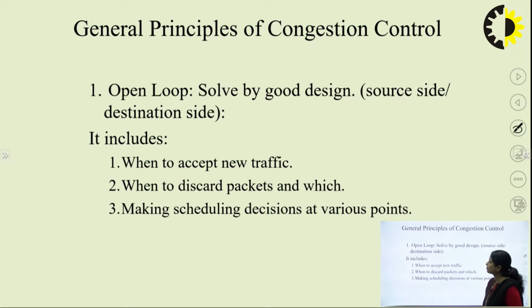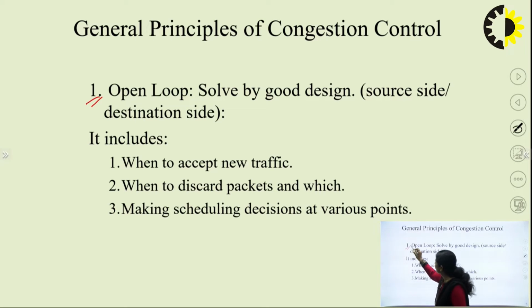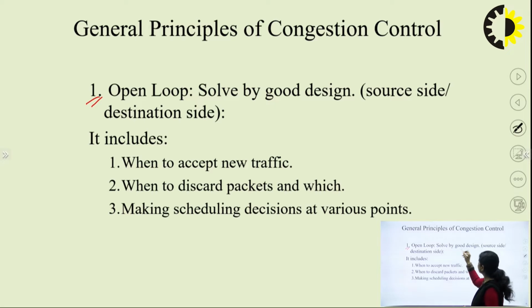So here we have the general principle of congestion control. Number one, this is open loop. Open loop is solved by a good design, where it is handled at the source side or destination side. What does it include?